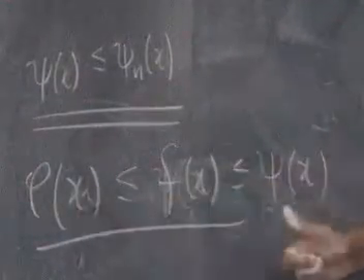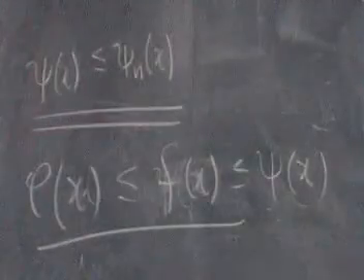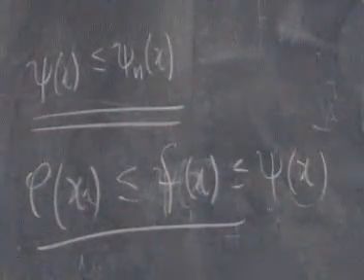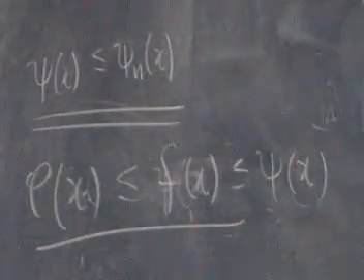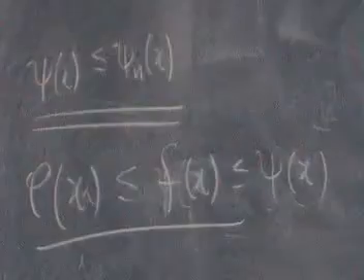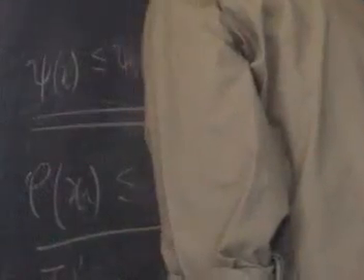I know this fellow is measurable, I know this fellow is measurable. I want to show that one of them is equal to f almost everywhere. That will be done if these two fellows are equal almost everywhere, because f gets sandwiched in between. So it is enough to show that phi x equals psi x.